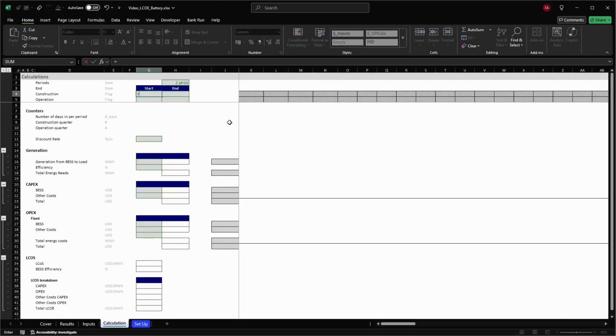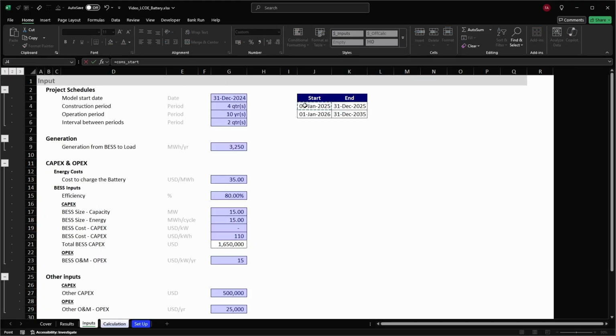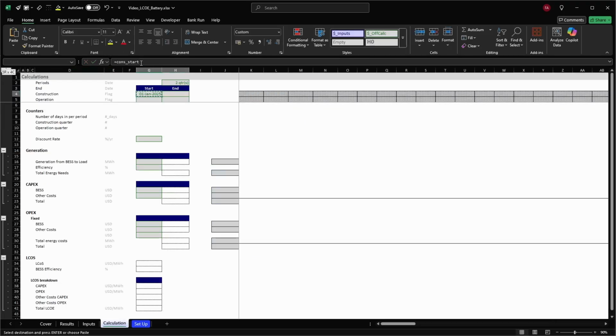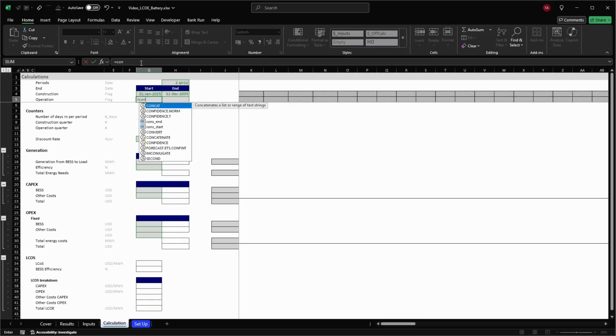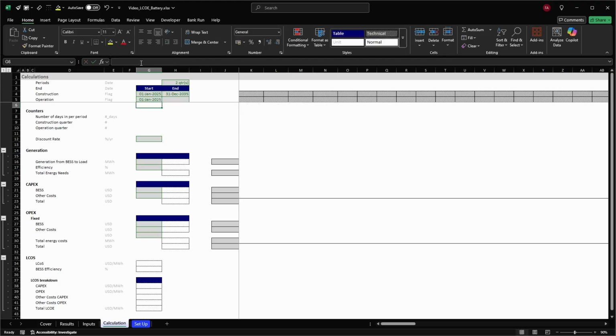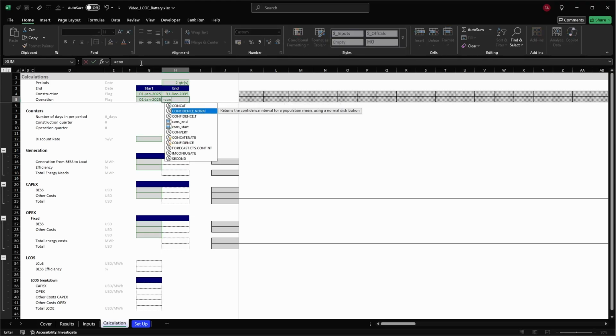Then we have the start date, so I'm going to go over here, grab the start date. I already named it, you can see it. It's const start date. I'm going to copy and paste. Actually, I can't. I have to say equals to the, should be ends, and operations ends over here. Then it's going to be equals to the construction start, and here's going to be equals to const end.